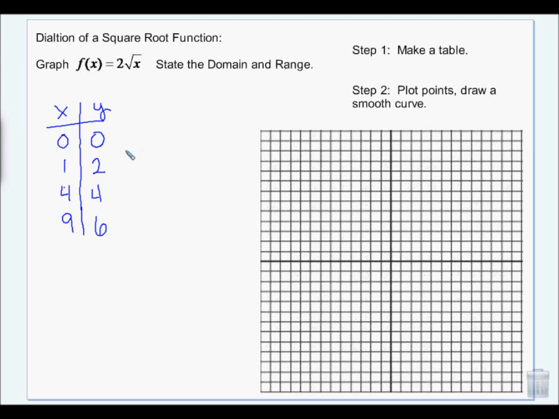At least not yet. Not in the real number system. So if I start graphing these, I have (0, 0), I have (1, 2), I have (4, 4), and I have (9, 6).